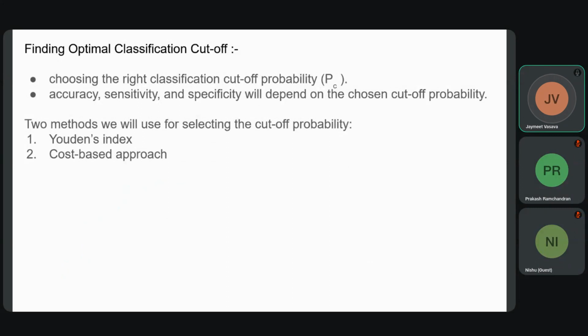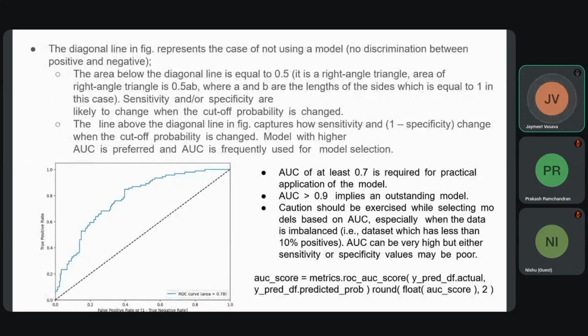So finding the optimal classification cutoff. Remember, we have discussed the cutoff over here. The diagonal line represents the cutoff, which is 0.5 over here. And for the cutoff of 0.5, we are not getting the desired efficiency or accuracy from the model.